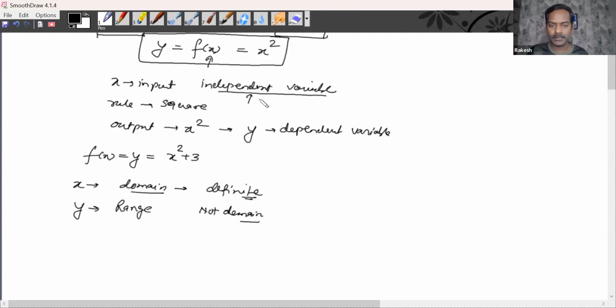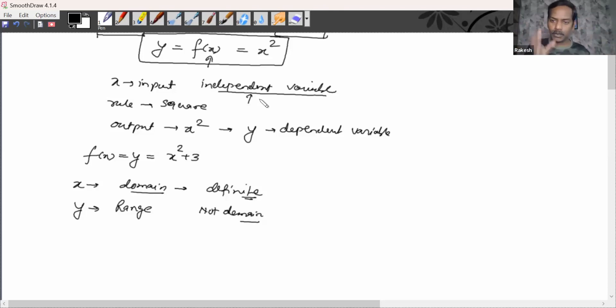For example, in an ATM machine, if instead of a number you start putting a dollar sign or an exclamation sign, it will not process it because this is beyond the domain of the ATM machine. The ATM machine will only take numerical values, right? In fact, within the numerical values, it cannot take negative values.